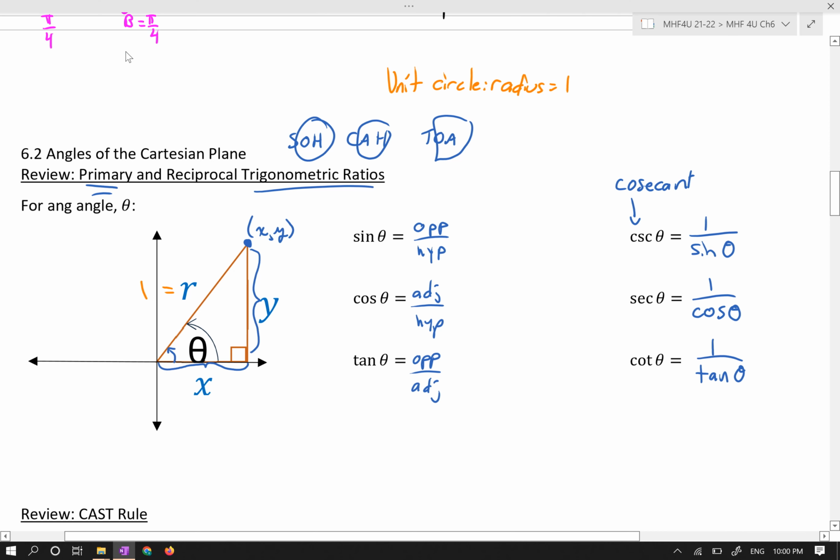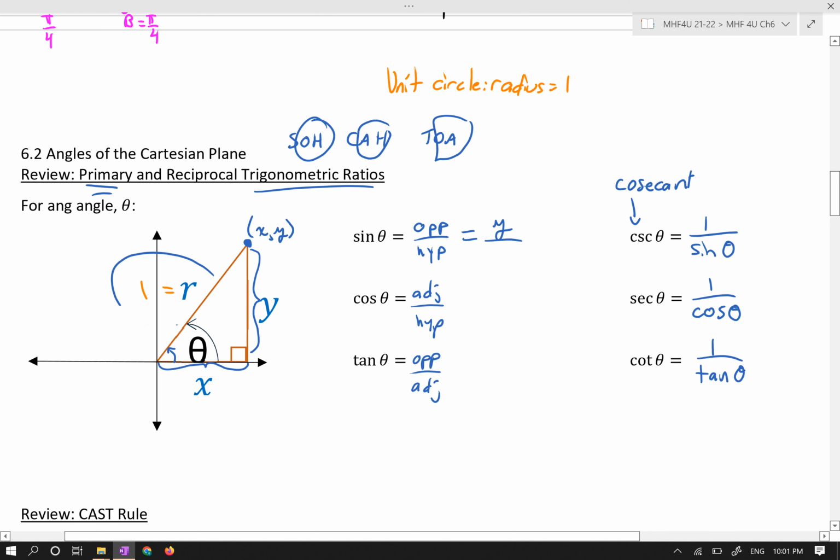Okay, now our sine ratio. It's the opposite side over the hypotenuse. That's great, except we want to be able to write this in terms of x and y. Well, our opposite side to my angle theta is given by the coordinate y. That is, the side length is given by the coordinate of the point way up here. So the opposite side is y.